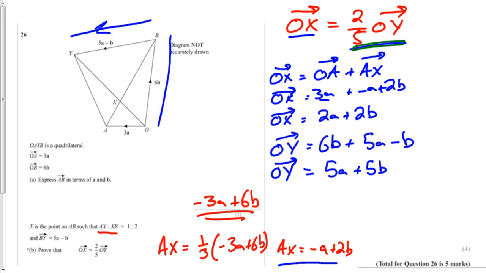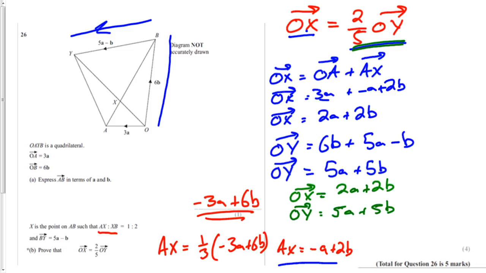Now going back to what we've got to prove, we've got to prove that OX equals 2/5 of OY. So we can say that OX equals 2A plus 2B. OY equals 5A plus 5B.